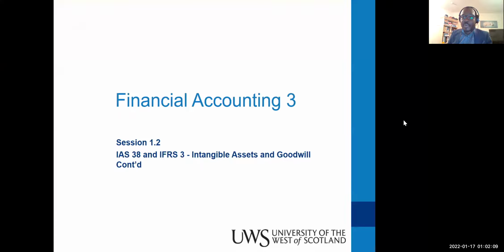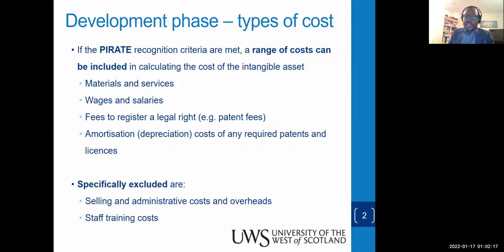Okay. So a recap of what we've studied, and then just wrap it up with one or two dimensions. So development costs. Remember the PIRATE criteria: probability that it will bring us future economic benefits. There is always the intention to complete the project. There are resources available for us to undertake it. We have the ability to complete the project, technically feasible to finish up what we've started, and then expenditures can be measured reliably.